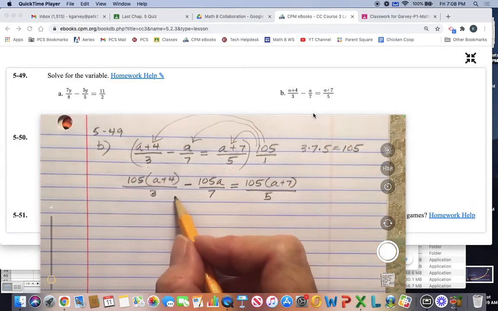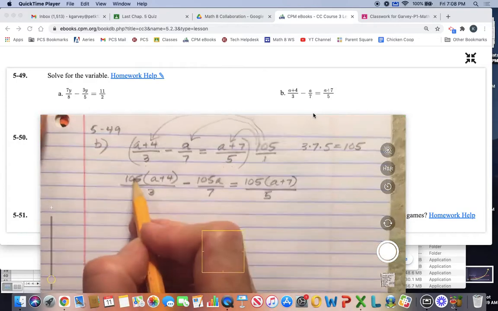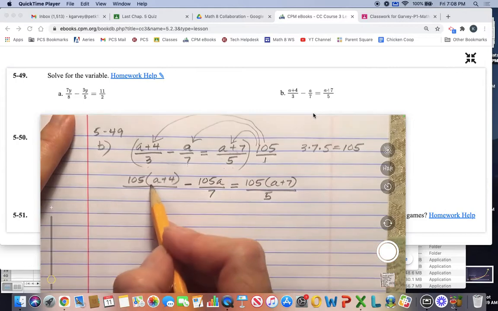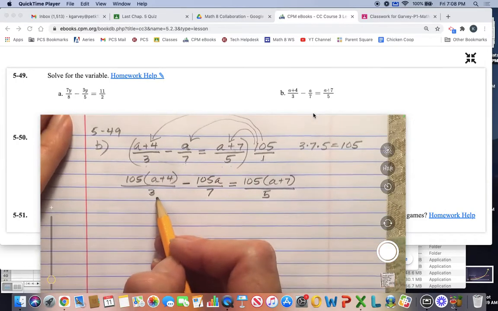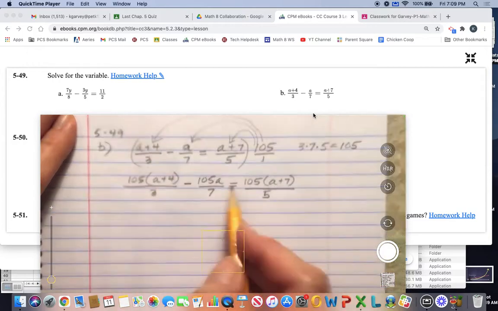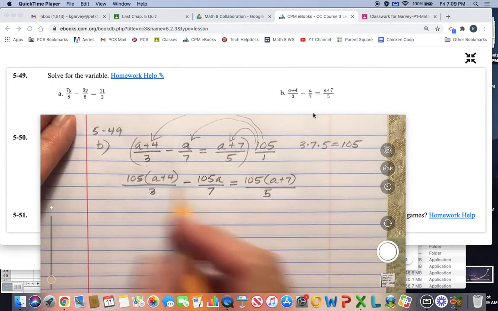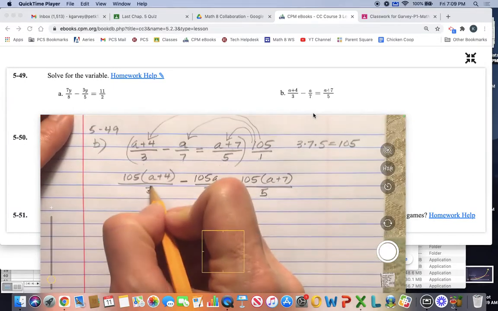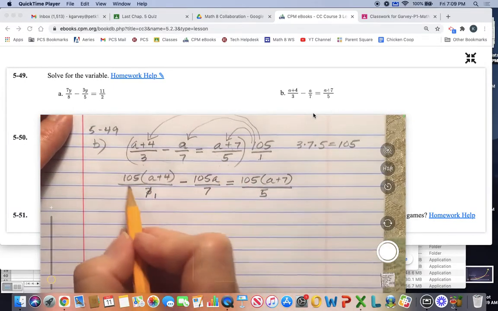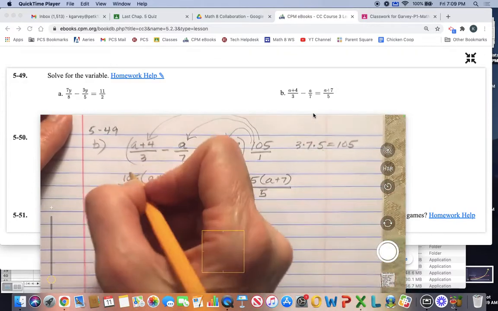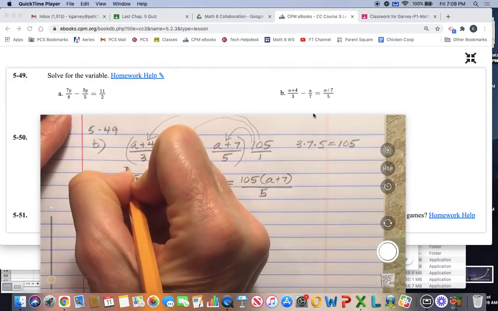Okay, so now we could multiply these things, because you'll notice we've got some parentheses there, but I think what we're going to do is just cancel and get rid of these fractions first before we do anything else. Okay, maybe that will simplify this a lot more. Okay, 3 goes into 3 once, and we know 3 goes into 105 35 times.